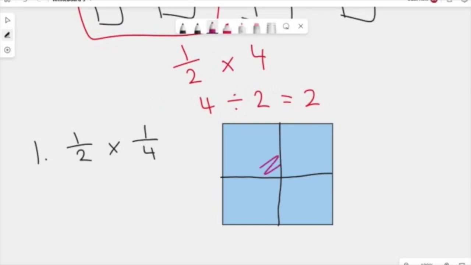We have 1 quarter here, and we want to take half of it. So we'll split this in half. Now, the actual portion we've shown here with our half multiplied by a quarter is just this bit here, isn't it?